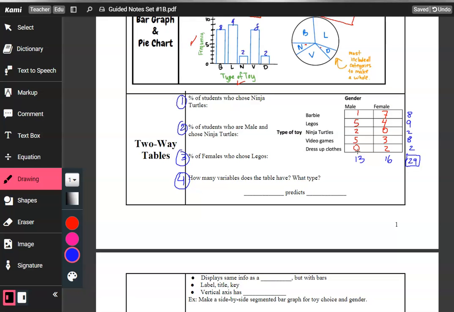Okay, so let's start off with the first question. We want to find the percent of students who chose Ninja Turtles. So let's see, Ninja Turtles is right here.